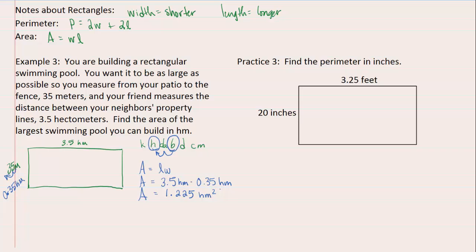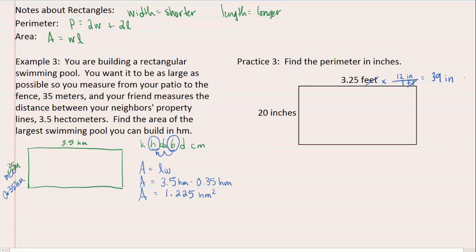Let's change the side in feet to inches. To change feet into inches, remember 1 foot equals 12 inches. This would cancel the feet out, and we'd have 3.25 times 12. When we do 3.25 times 12, we get 39 inches.